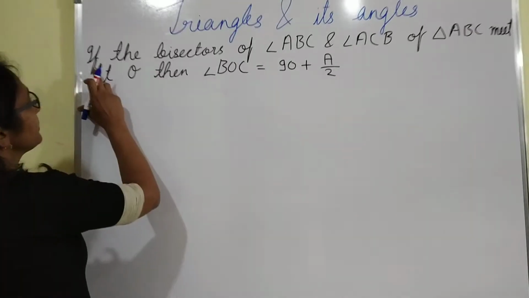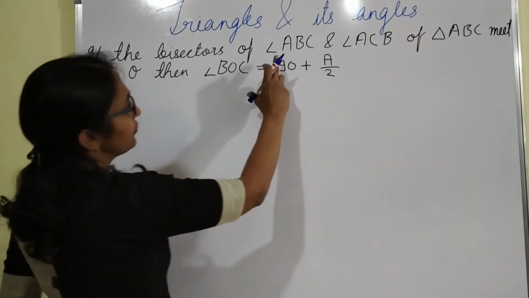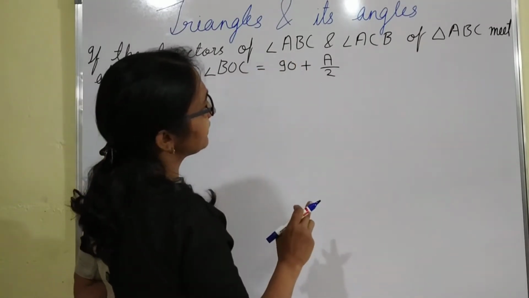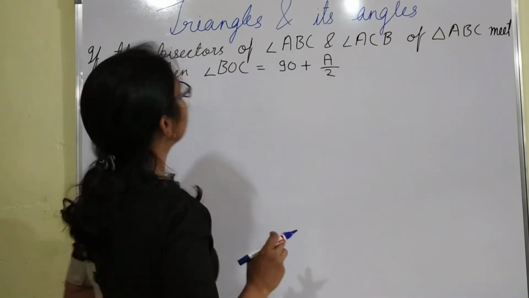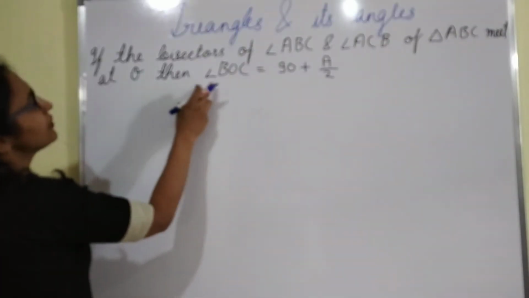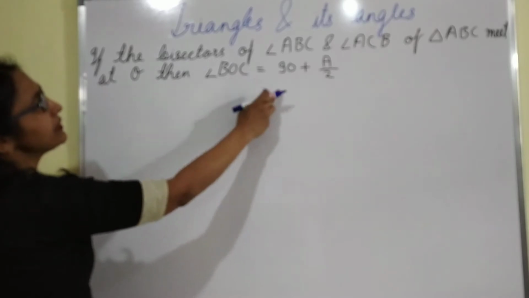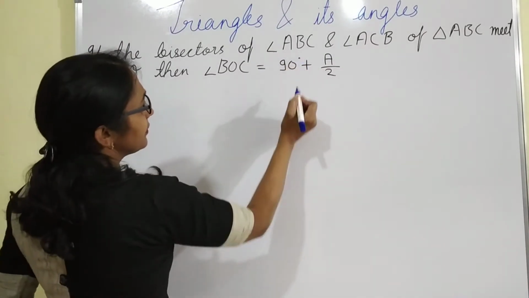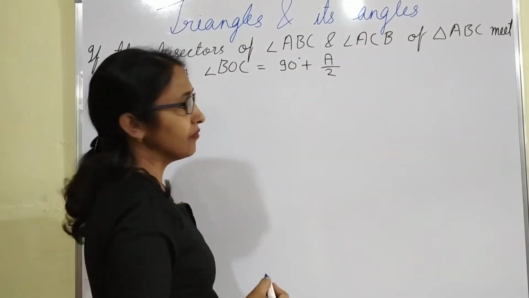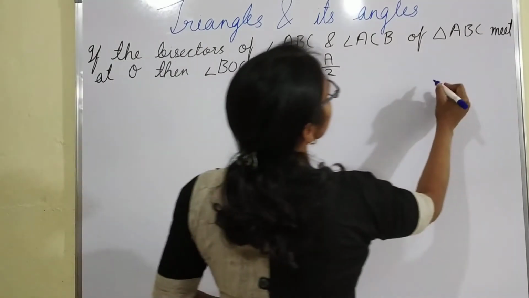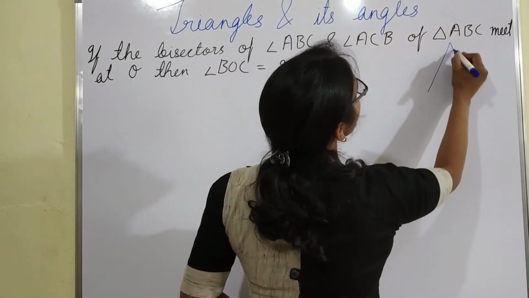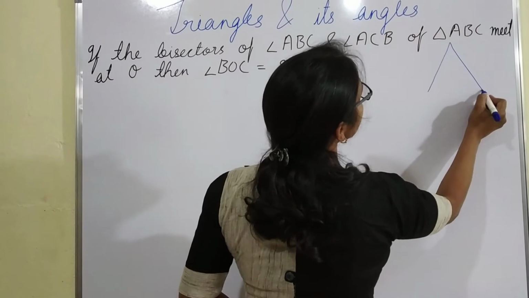Now next theorem is, if the bisectors of angles ABC and ACB of triangle ABC meet at O, then angle BOC equals to 90 degree plus half of A. Okay, so diagram is like this.